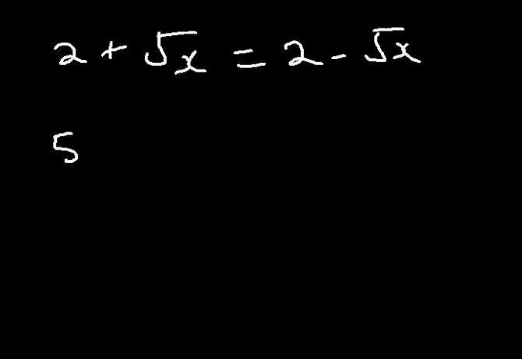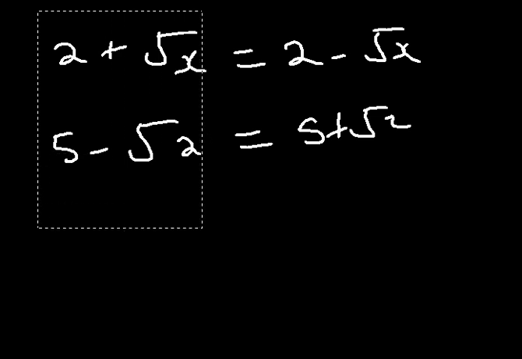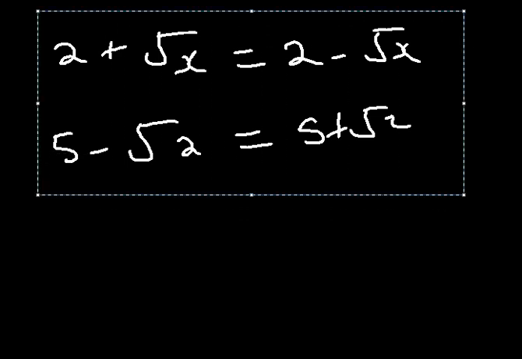Let's say we have 5 minus the square root of 2. The conjugate of this one is 5 plus the square root of 2. This expression will help us remove the radical of the square root. See the working principle behind that, but just know how to deduce the conjugate of the expression.